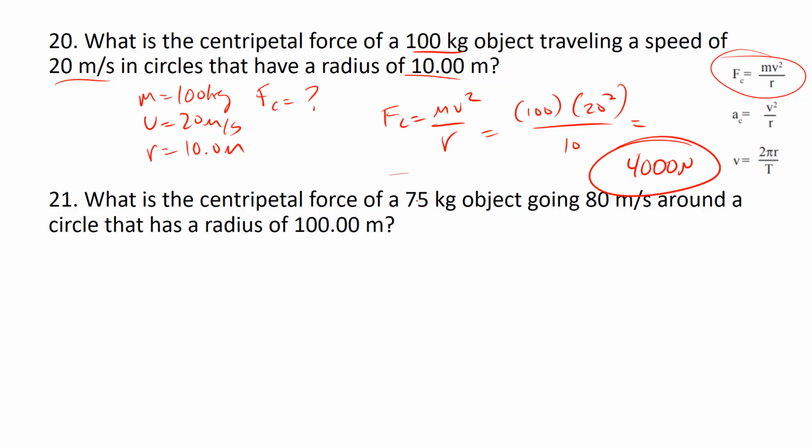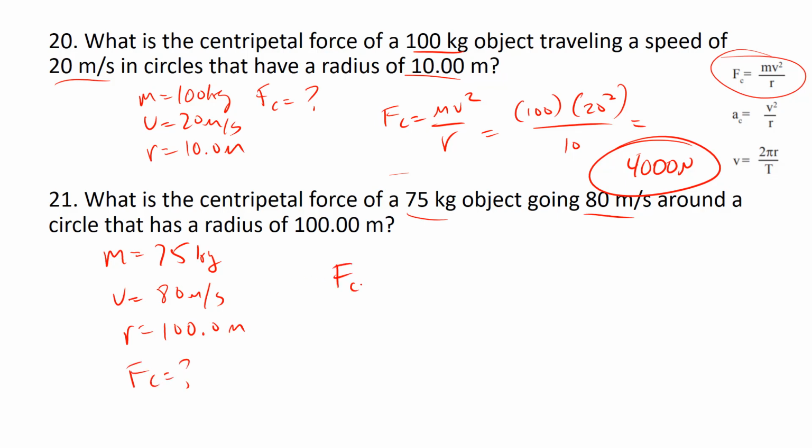Okay, what's the centripetal force of a 75-kilogram object? So it's giving me all the information again. Mass is 75 kilograms. The velocity tangential is 80 meters per second. The radius of the circle is 100 meters, and they're asking for centripetal force. So Fc equals mv squared over r, which equals, in this case, m is 75, v is 80 squared over r, which is 100, and that's not squared.